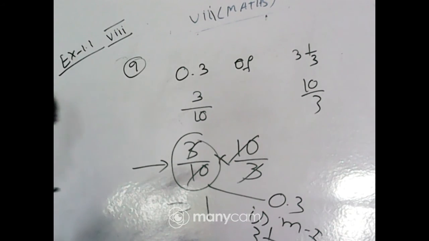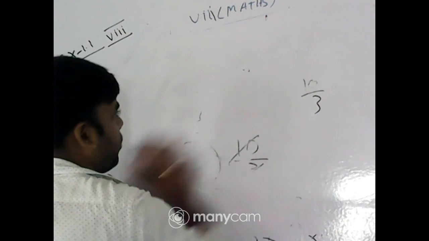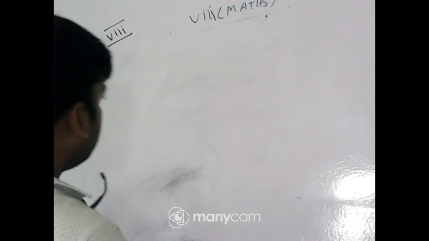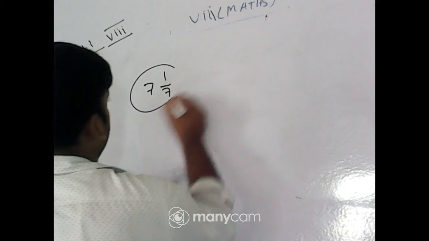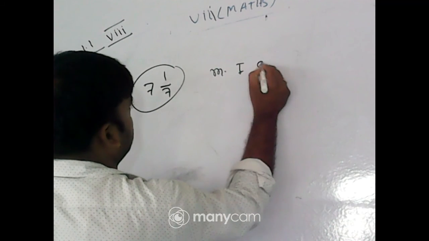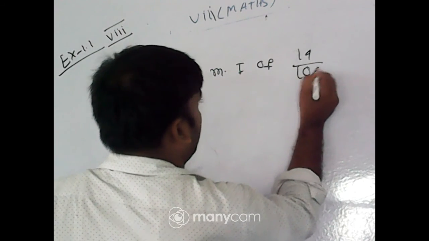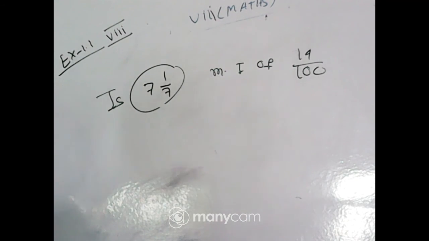Okay, so today I have solved up to question number 9. Now one question from me. Get ready for the question quickly, and you have to answer very fast. Is 7 whole 1 by 7 the multiplicative inverse of 14 by 100? Yes or no?